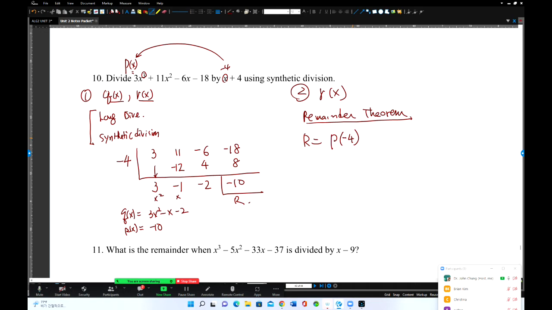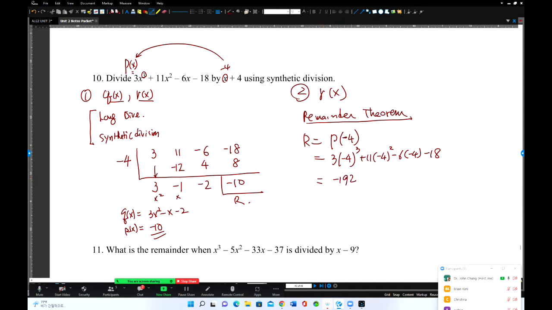Put negative 4 in there. 3 times negative 4 cubed, plus 11 times negative 4 squared, minus 6 times negative 4, plus negative 18. Check it out. Negative 4 cubed is negative 64, times 3 is negative 192.